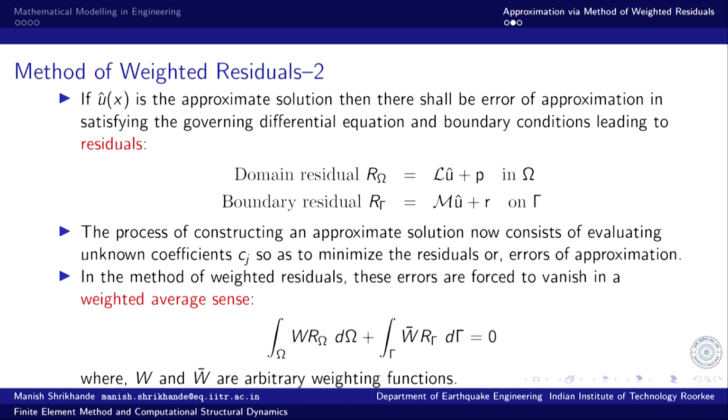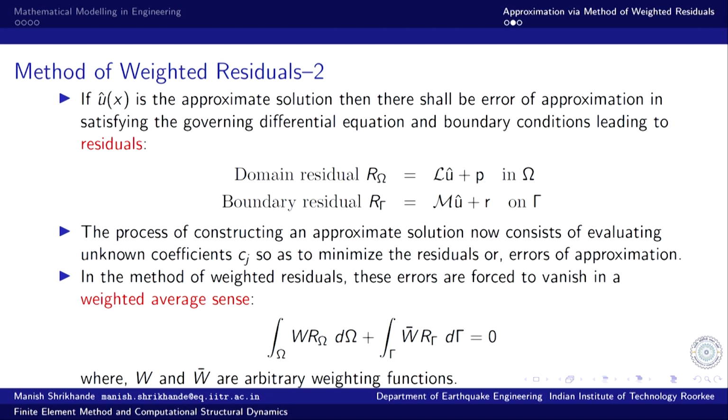Now, let us delve upon this. It is a very straightforward statement, but it has significant implications and very important results derived from it. First of all, the exact solution is contained in this statement.